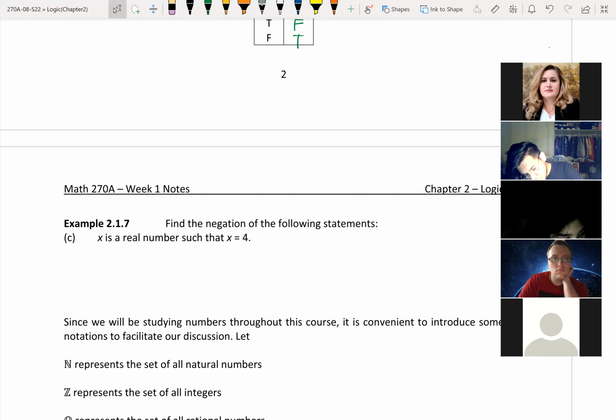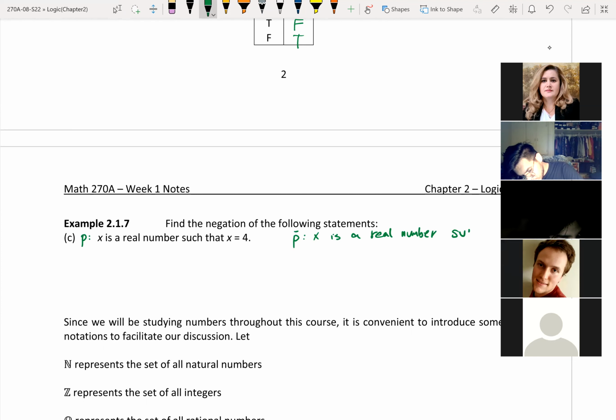So let me just add some other examples. If I call this one P, the negation of P, as you said, is X is a real number such that X is not equal 4. Q statement is 2 plus 5 equals 19.